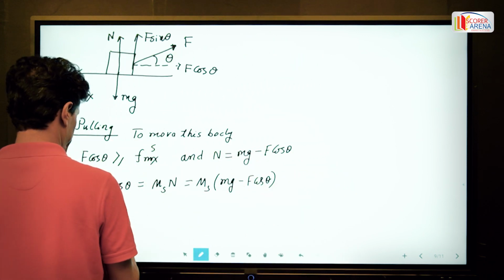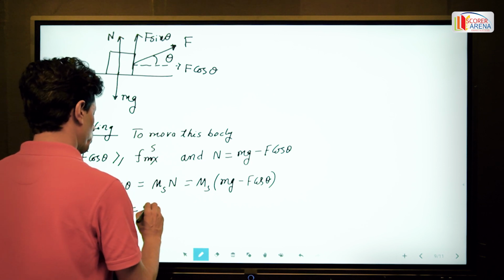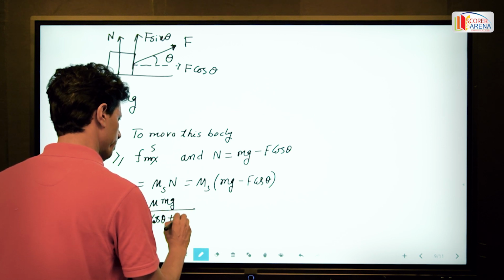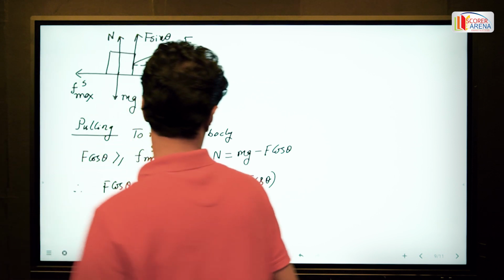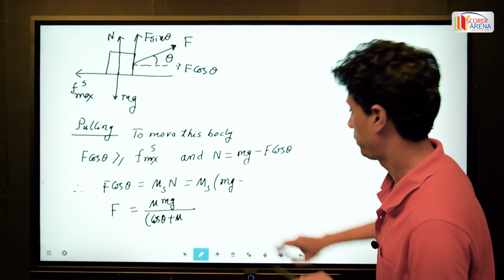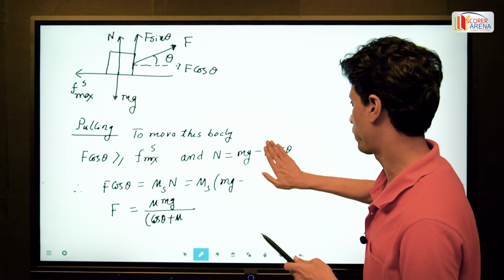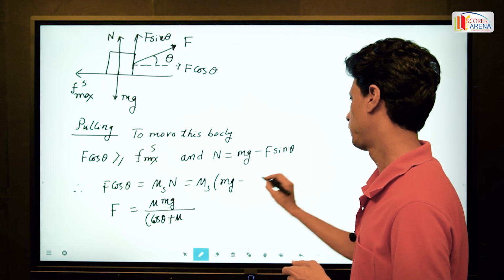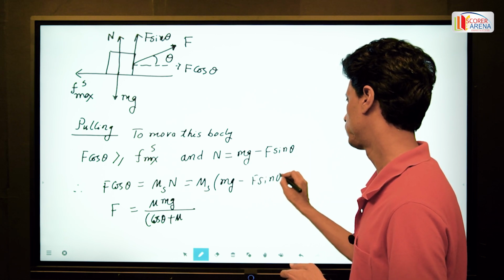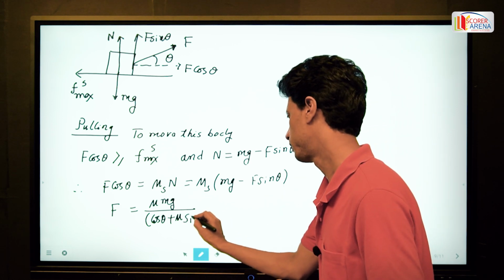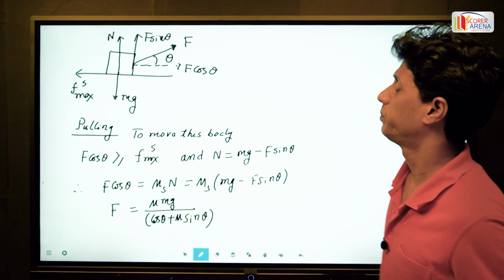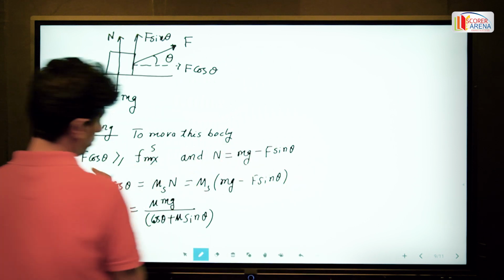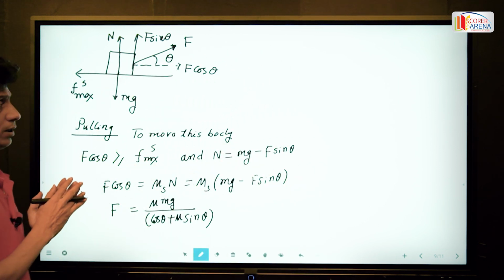So the pulling force equals mu mg by cos theta plus mu sin theta. This is the amount of force required to pull, or to move, the body.